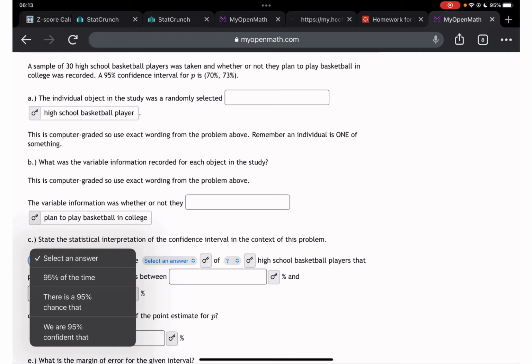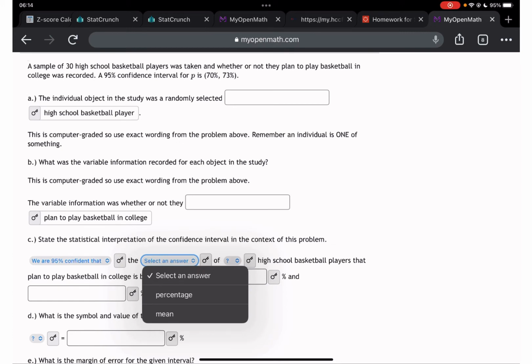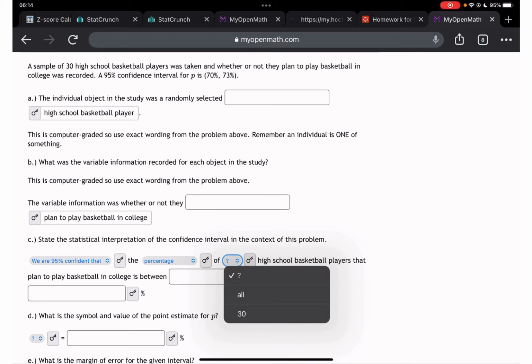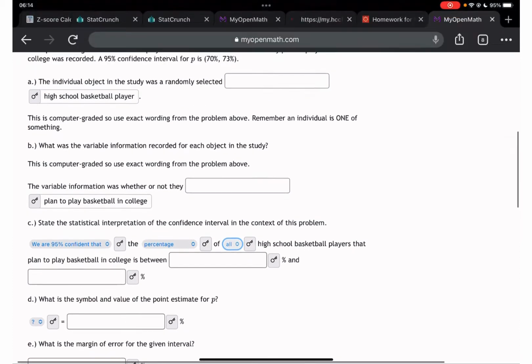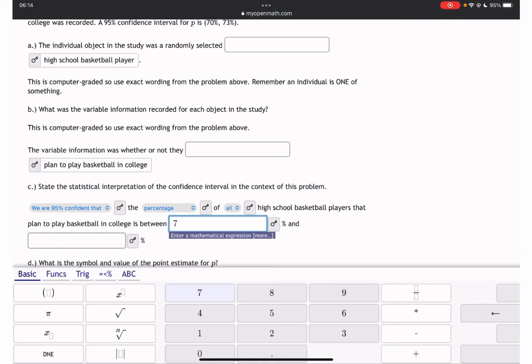We are 95% confident that, since it's 95%, it's not about the mean, it's about percentage. 95% confident that the percentage of all high school basketball players that plan to play basketball in college is between what do we have? 70 through 73%. Let me type this one. 70 and 73%.